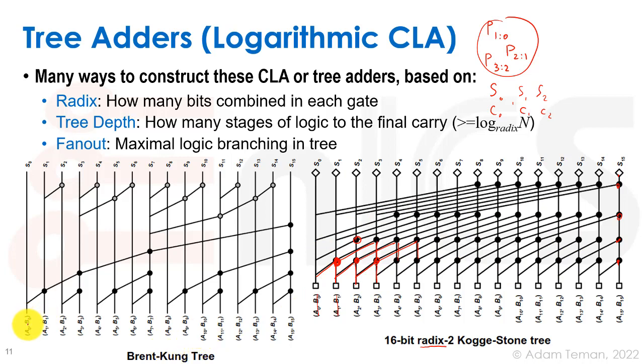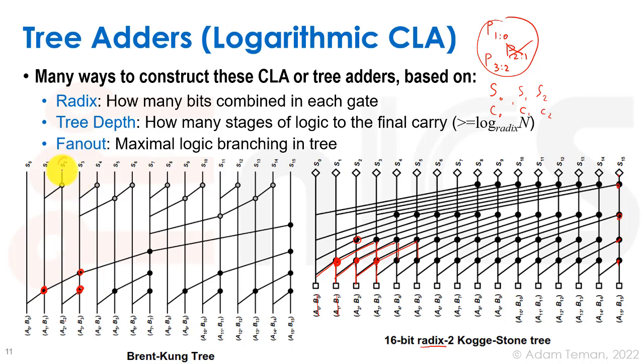There we take A0, B0, and A1, B1, and we make our propagate generate unit. Then we have a non-overlap, so A2, B2, and A3, B3. We have our second propagate generate unit, so we don't make this internal one. And then the outputs of those, we make this P3 to 0 and G3 to 0, but we don't have the internal ones.